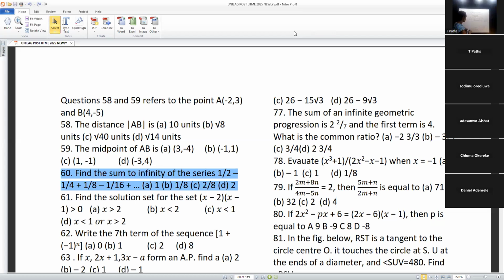Now, that's the question given to us: 1 over 2 minus 1 over 4 plus 1 over 8 minus 1 over 16 plus etc.